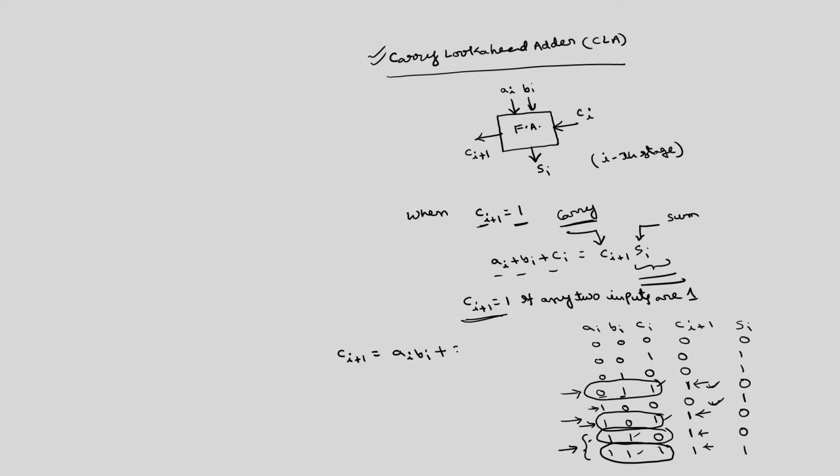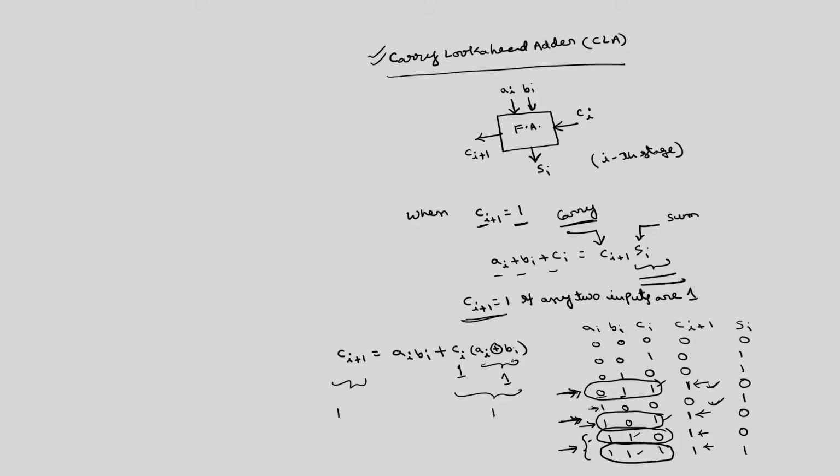This can be represented by Ci times Ai exclusive OR with Bi. So, in these two combinations Ai is not equal to Bi, so Ai exclusive OR with Bi is 1, and if Ci is also equal to 1, then this product term is equal to 1, thereby Ci plus 1 is equal to 1.